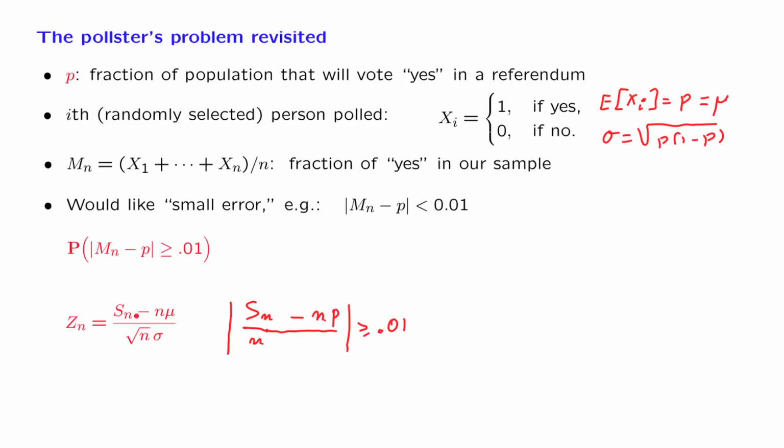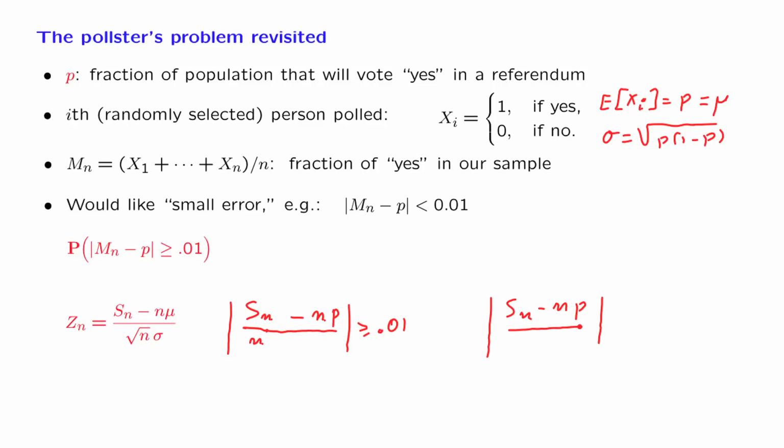So this event here is identical to that event up there. This starts to look like the expression for Zn. p is the same as mu, but there is a little bit of a difference in the denominator terms. So let's see what we can do. Let's take this same event, but multiply both sides of the inequality by square root of n.